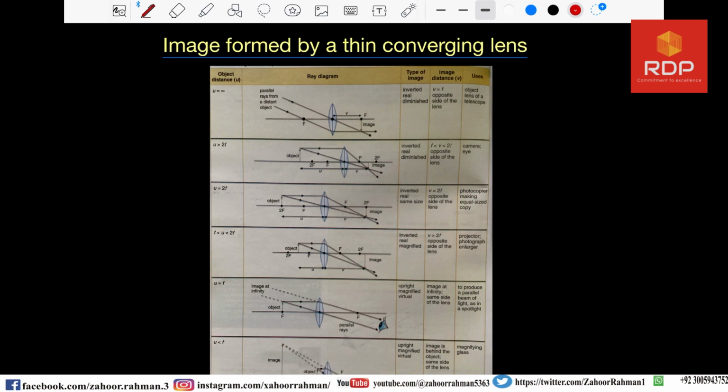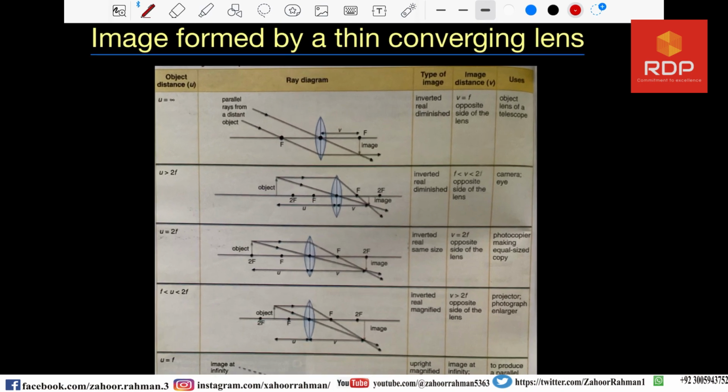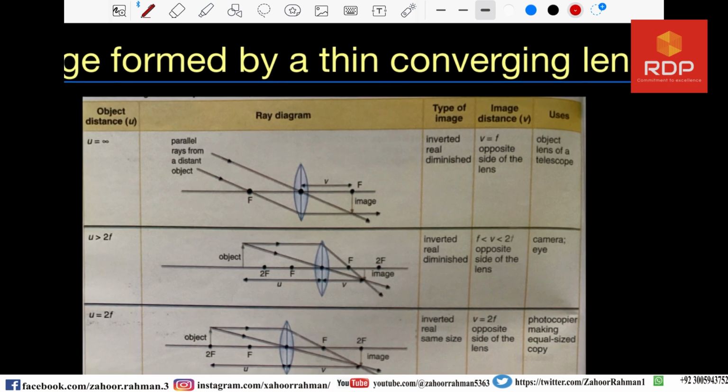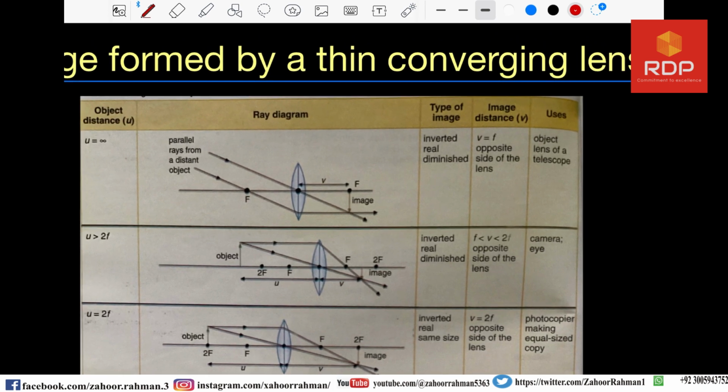So let us focus on the first row, in which the object distance is at infinity. Remember that the object distance is always denoted by u, and the image distance is always denoted by lowercase v.